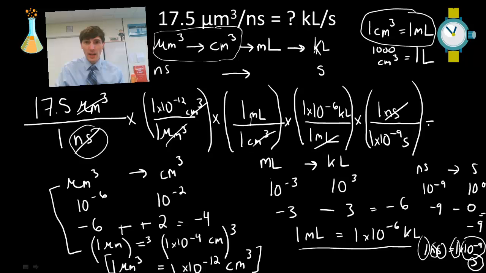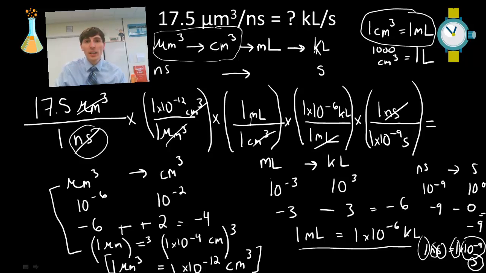So I'm going to go ahead and punch all this in. Now what you may want to do is punch all this in your calculator, but you really don't need to, because we're dealing with all of these powers of 10. So you could go ahead and look at your powers of 10. I have negative 12 on the top, negative 6. We could add those together.